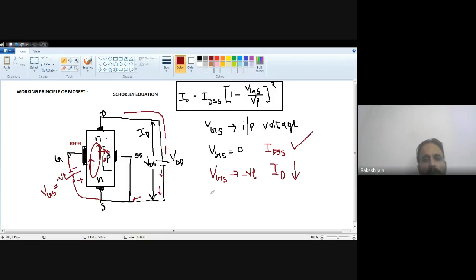Now we'll see what will happen when VGS is positive. See very carefully. When VGS is positive, it means the upper terminal of the battery, which is connected towards the gate terminal, is positive, and the terminal which is connected towards the source is now negative.